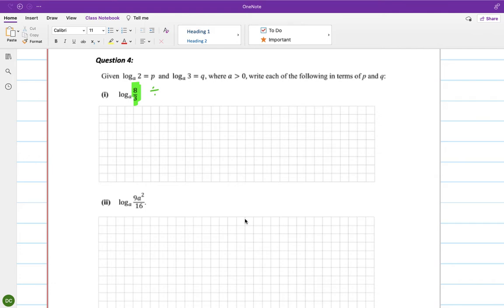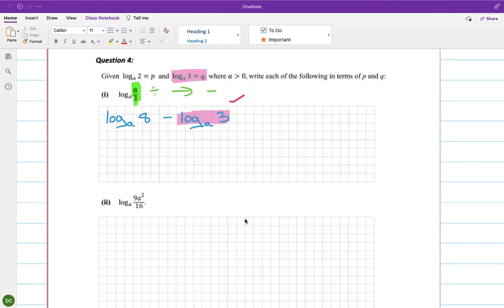Yep. And a division turns into a subtraction. So we get log to the base a of 8 minus log to the base a of 3. Yeah? Now we need to write this in terms of p and q. And p is log to the base a of 2 and q is log to the base a of 3. So this is q. So that one's done.